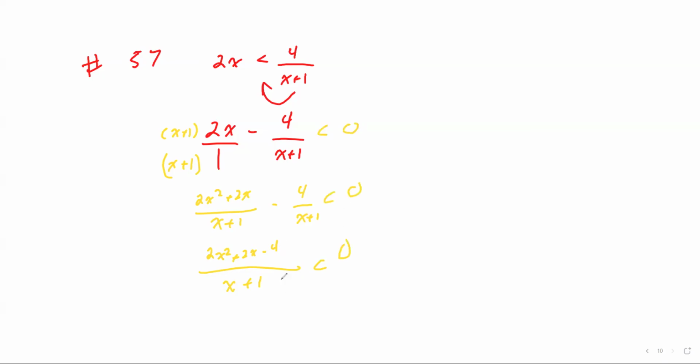All right. Now that I have this, to find your boundary numbers, you just have to set the denominator equal to 0 and the numerator equal to 0. So I'm going to set x plus 1 equal to 0, and I get negative 1. That's a potential boundary number. Take 2x squared plus 2x minus 4 equal to 0.